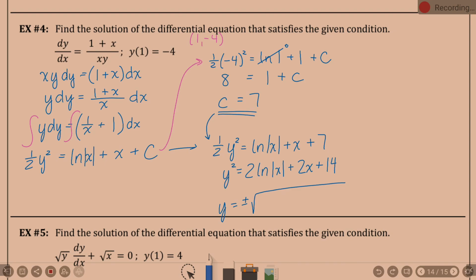It can go where? To the exponent. So this could be written as natural log of x squared and then the plus 2x and plus 14. So many different options of ways to write things, guys. I'm not saying you have to write as ln x squared. That's not what I'm saying at all.